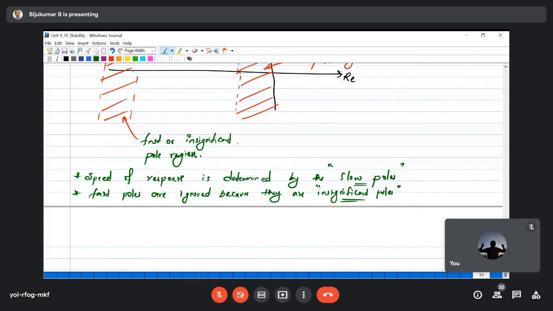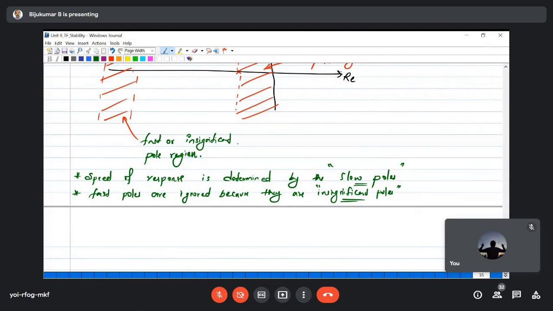And suppose S1 is at -1, S2 is at -2, S3 is at some -1000 or something like that. You don't need to worry about S3. Because what about the response? 1 divided by 1000, 1 millisecond. Suppose S1 is at -1, the time constant of S1 is 1 second, right?